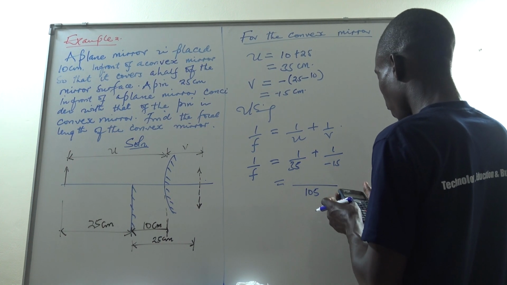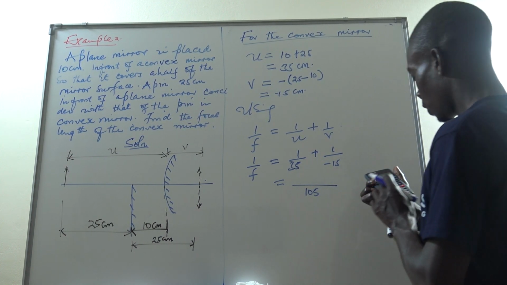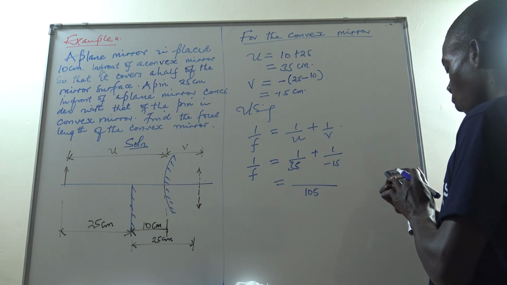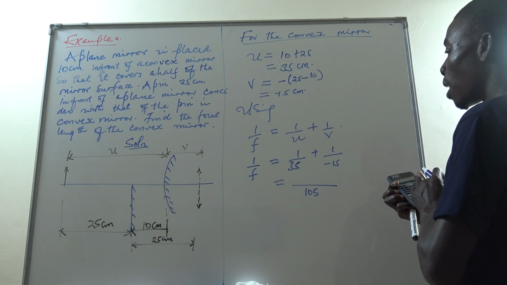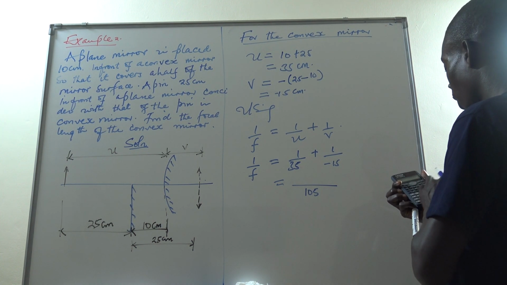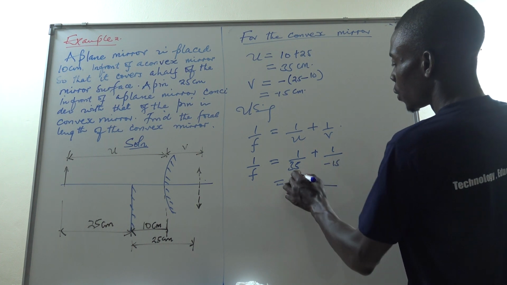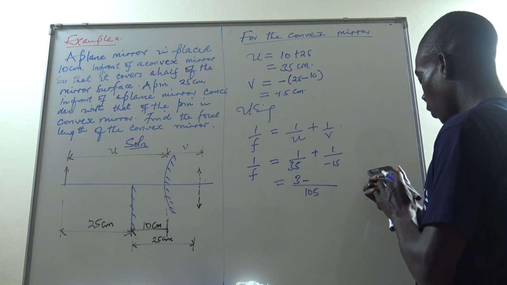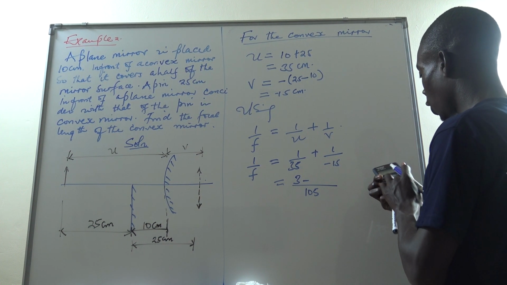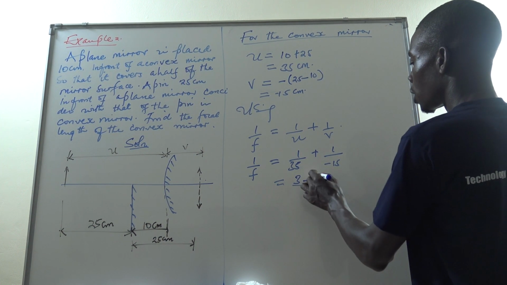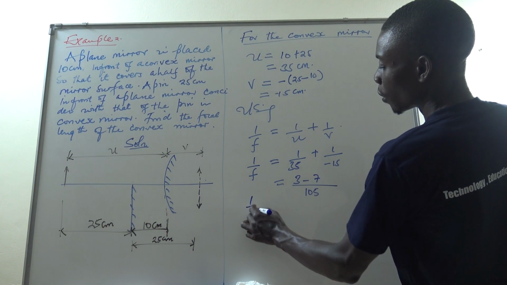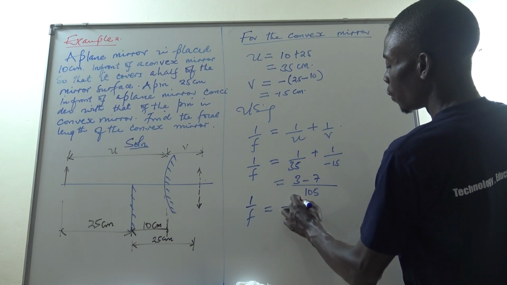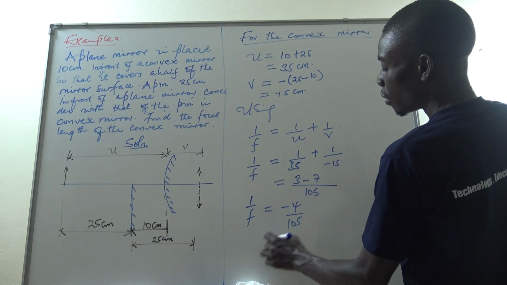What is 105 divided by 35? That is 3. And then minus, what is 105 divided by 15? That is 7. So that means that 1/f equals negative 4/105.